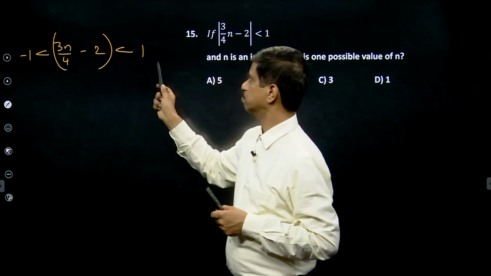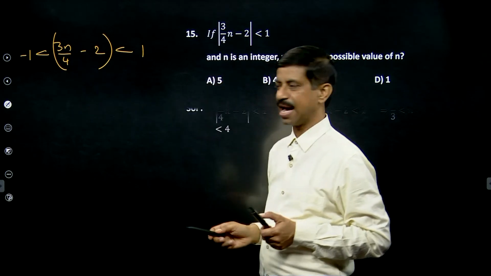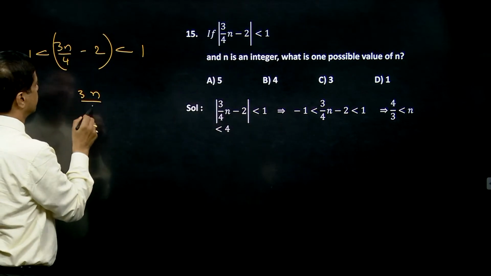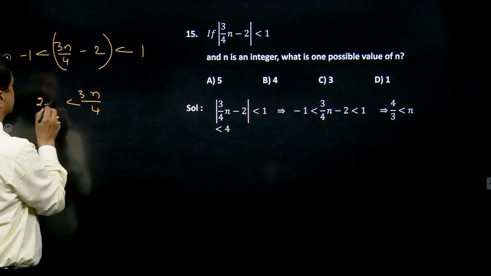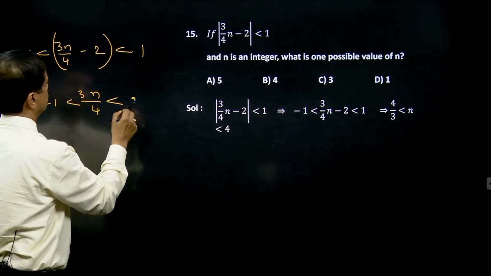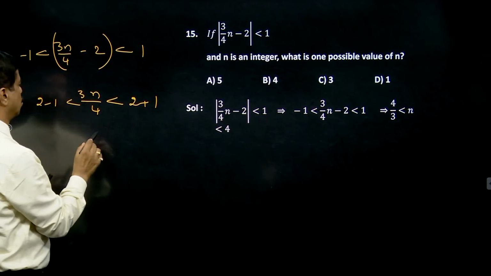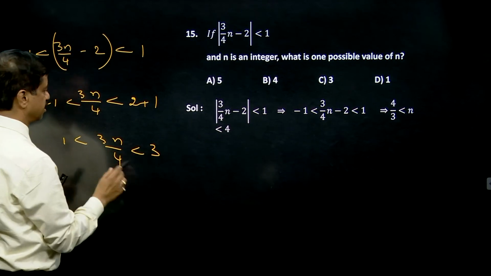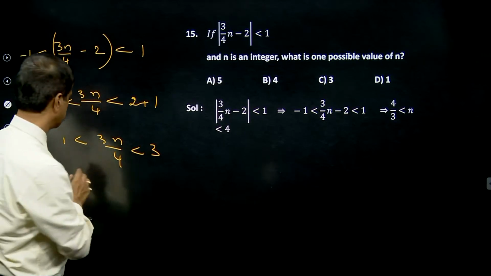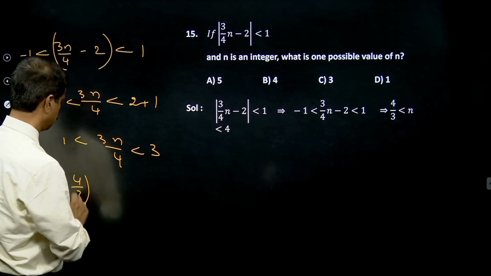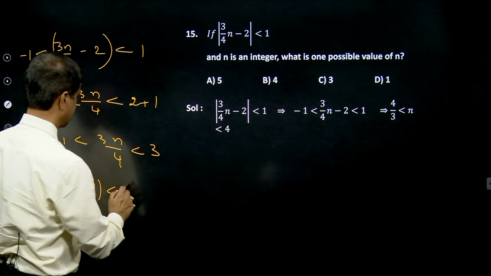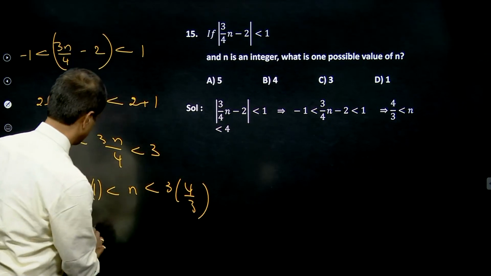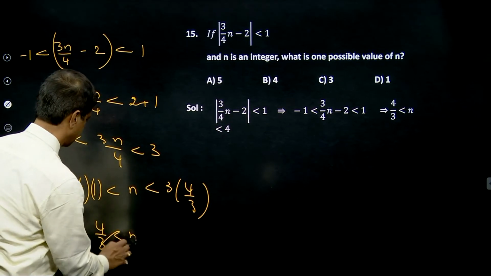I will add 2 everywhere, in all three places. So what happens? 3n by 4 is greater than 2 minus 1 and lesser than 2 plus 1. So 1 is less than 3n by 4 is less than 3. So multiply by 4 by 3 throughout. So 4 by 3 into 1 is lesser than n is lesser than 3 into 4 by 3. So 4 by 3 is less than n.